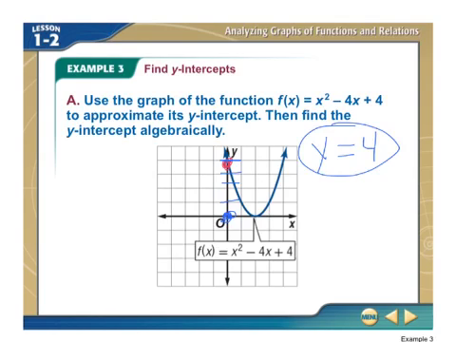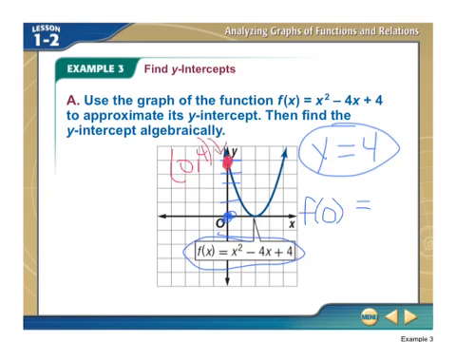Now, they also want us to find the y-intercept algebraically. To do that, we are going to use the equation they gave us and substitute 0 for x. If I find f of 0, I'm substituting 0 for x because this point where the graph crosses the y-axis is the ordered pair (0, 4).